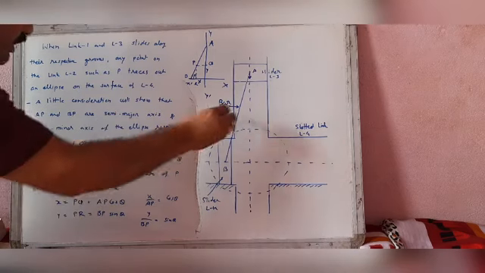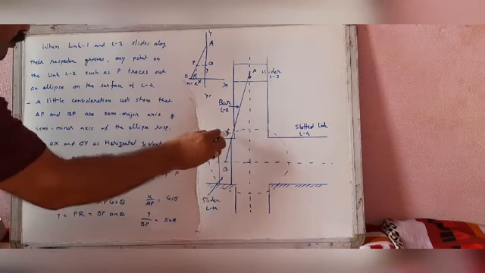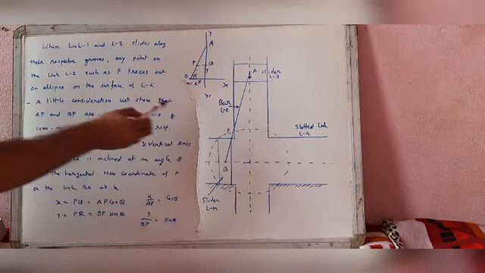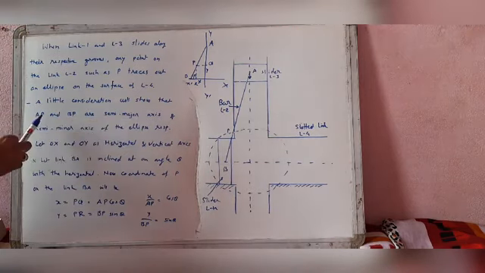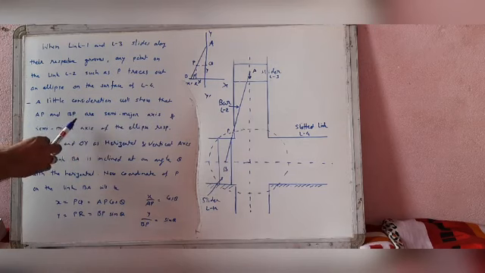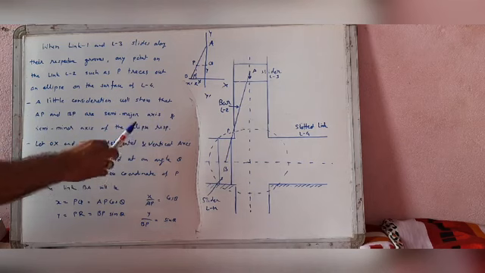A little consideration will show that AP and BP are the semi-major axis and semi-minor axis.